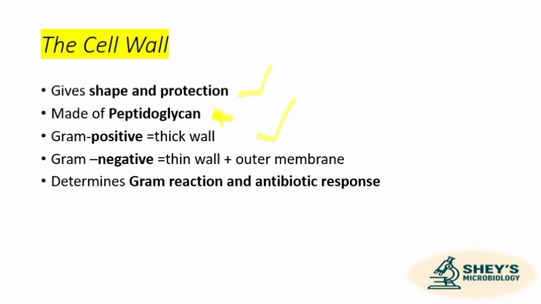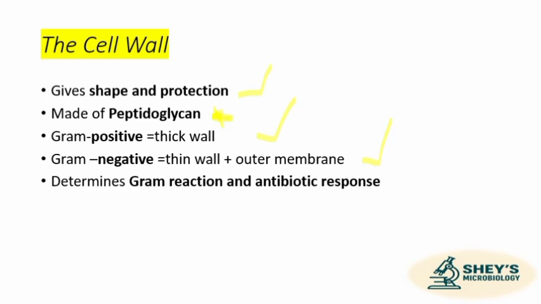Now, we divide bacteria into two groups based on their cell walls. The gram-positive bacteria, thick peptidoglycan layer, gram-negative bacteria, thinner wall but with an extra outer membrane. That difference affects how they react to antibiotics and stains. It's literally how we identify them in the lab. So yeah, the cell wall isn't just a structure, it's a survival strategy.